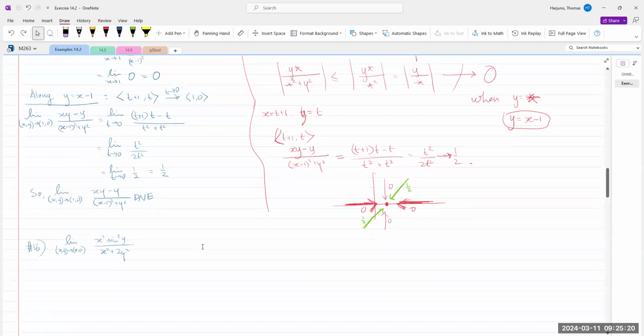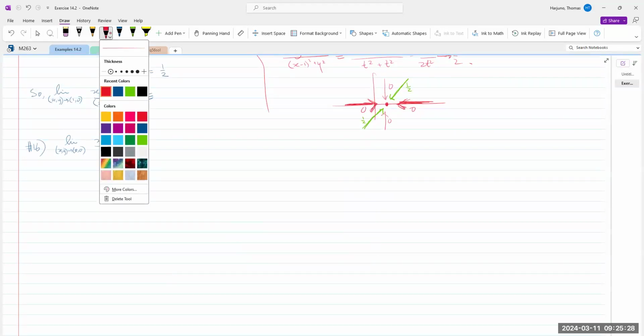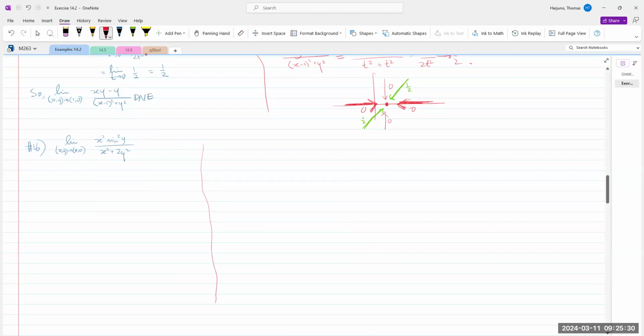Okay, let's try to squeeze it then. So you see, I actually start doing faster. I don't write down my scratch work anymore because those are the standard procedure, right? You try along the x-axis, along the y-axis to approach (0,0). So let's try to squeeze it. x squared sine squared y over x squared plus 2y squared is less than or equal to x squared over x squared plus 2y squared.